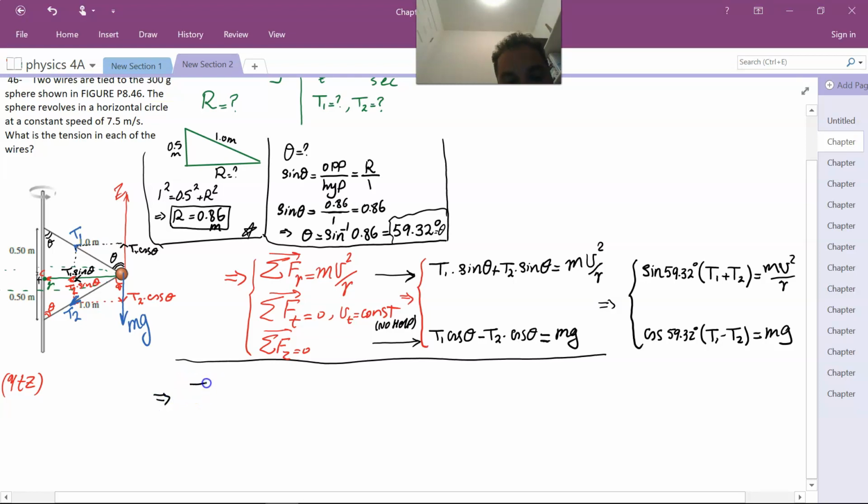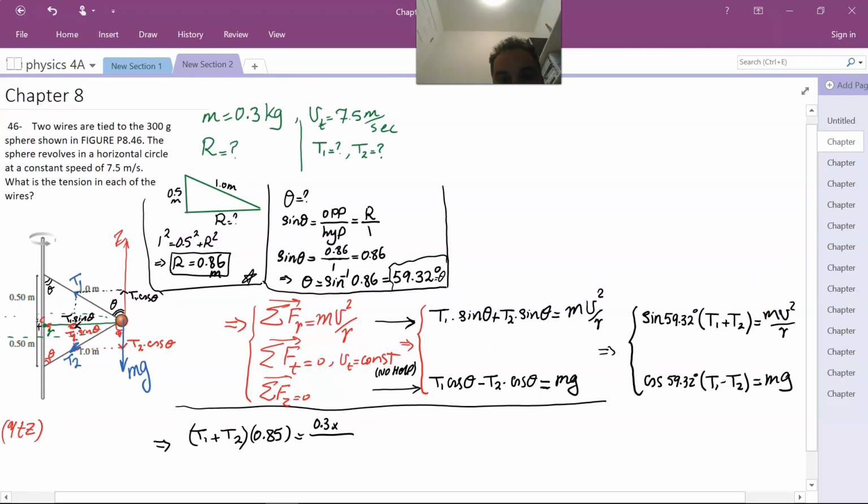Now let's substitute. I am going to have T1 plus T2. What is sine 59.32? It is 0.85. Mass is 0.3, V, as the question says, is 7.5 to the power of 2, and R is the radius, big R, little r doesn't matter, 0.86, correct?